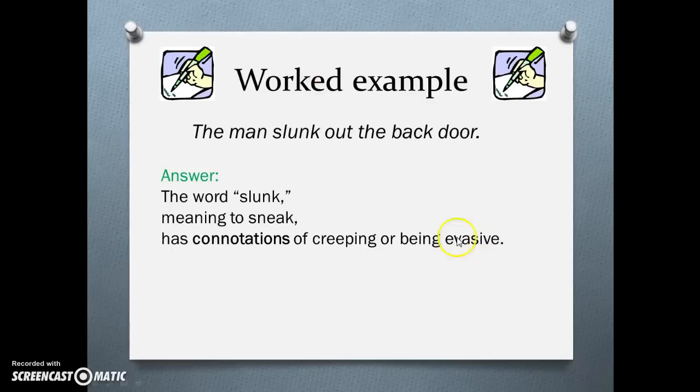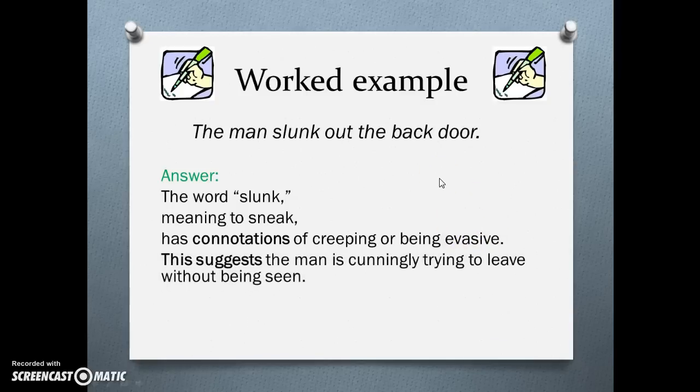Now that just means to evade someone or something out of avoidance. Final part of my question is linking back and explaining what that suggests. So I've written, this suggests the man is cunningly trying to leave without being seen.